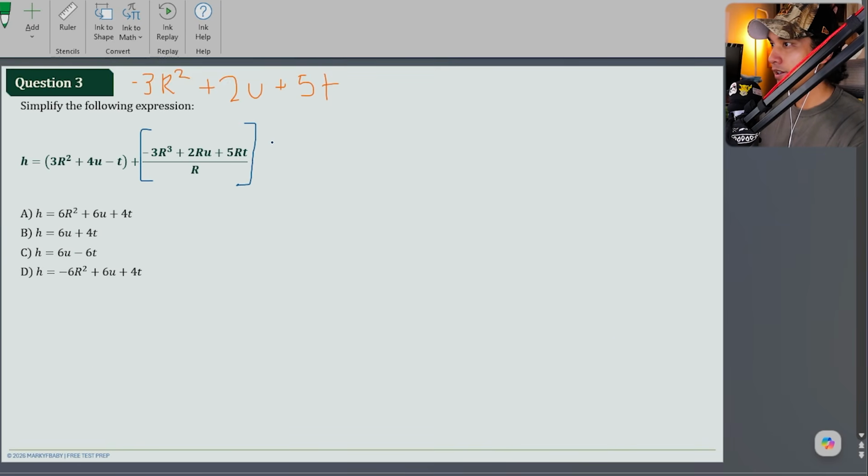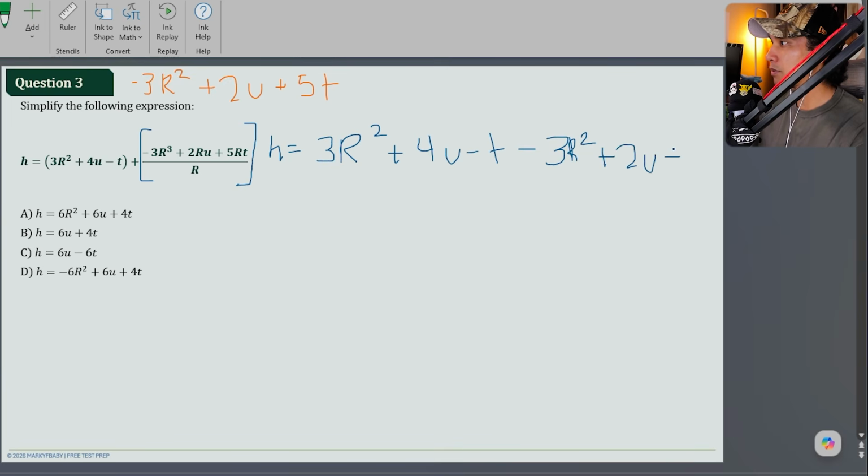So we have h is equal to, and then I'm not even going to use the parentheses. I'm just going to go ahead and write it all out. Okay? Plus 4u minus t. And then I'm going to put this over here now. I'm going to add it together or combine it. Negative 3r squared plus 2u plus 5t.